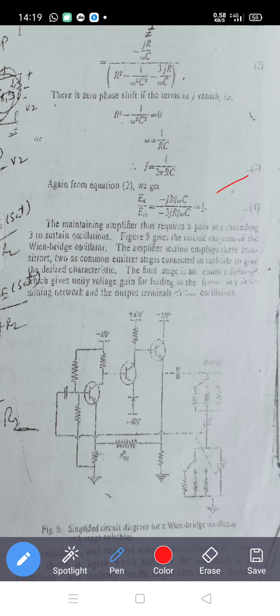As the examination will be of MCQ pattern, you just have to remember the equations of the condition for sustained oscillations, or the equation for the frequency of the oscillator, whether phase shift, RC or Colpitts oscillator, and the circuit diagram also.